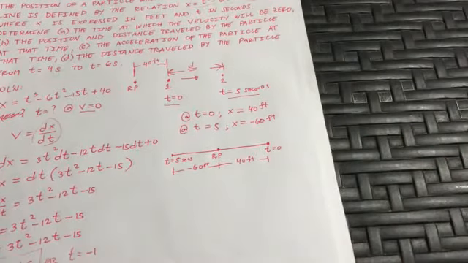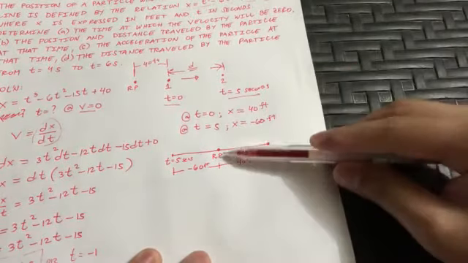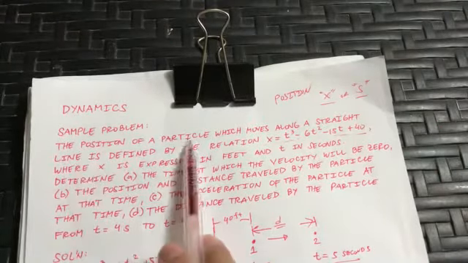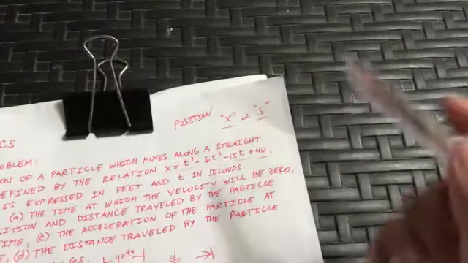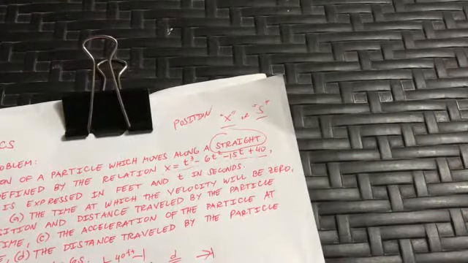Now, first question, how do I know it is a straight line? Why not put the 60 going vertical or downward? It states in the problem that the position of a particle moves along a straight line.